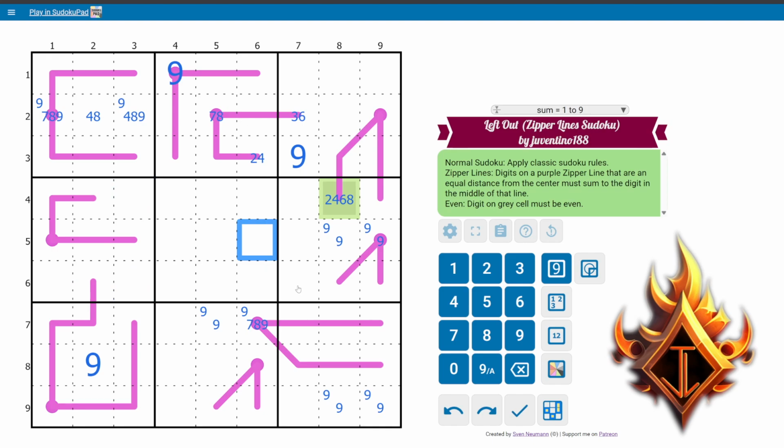So what about 8 maybe? Because an 8 cannot go here now. Can still go anywhere up there though.